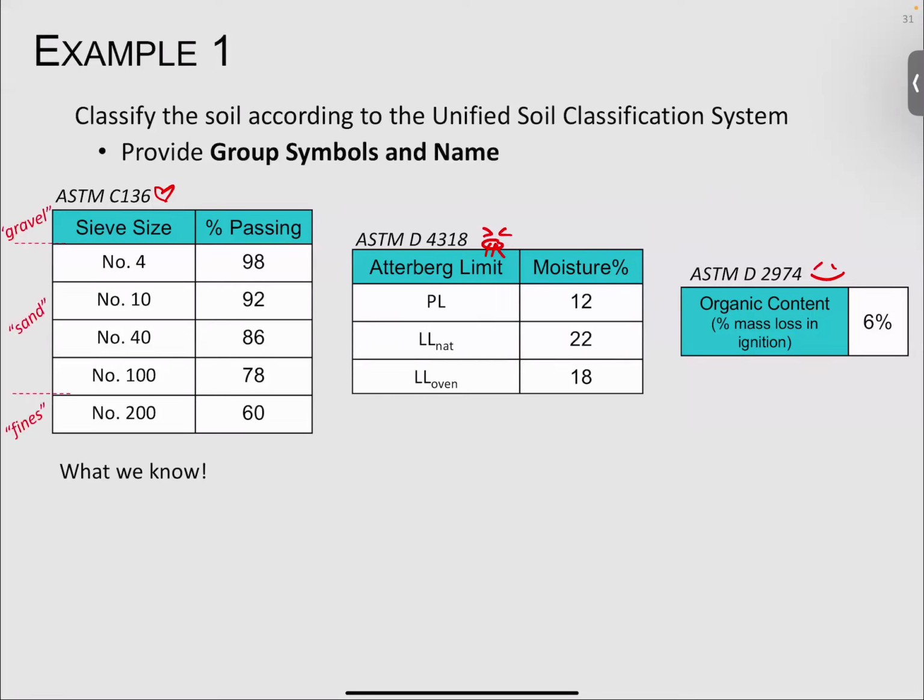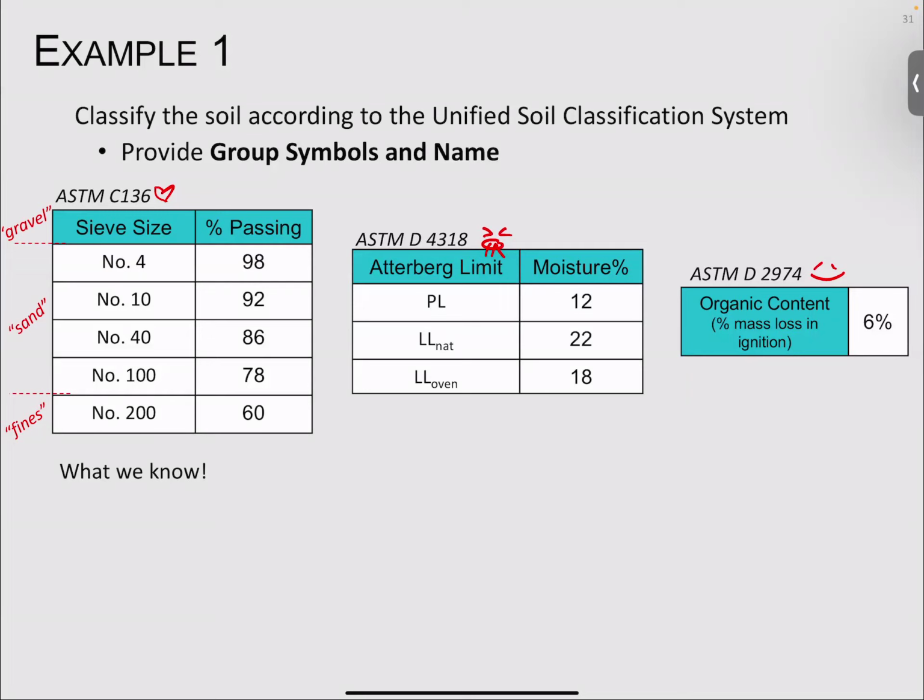What we can do is calculate really quickly our percentage of gravel, percentage of sand, and percentage of fines. Because we know our number 200 sieve differentiates between coarse grained and fine grained, and then our number 4 sieve differentiates between our gravel and our sand. So what percentage of our soil will be gravel? 2.